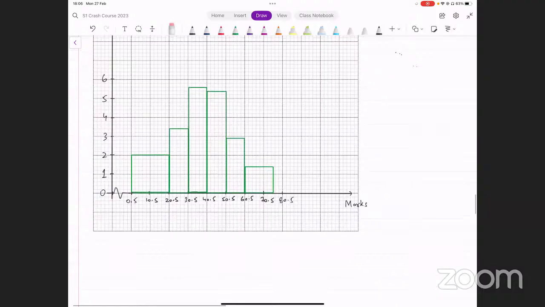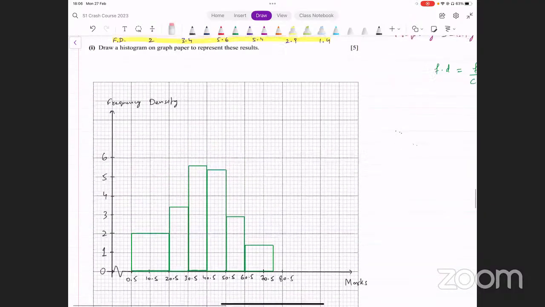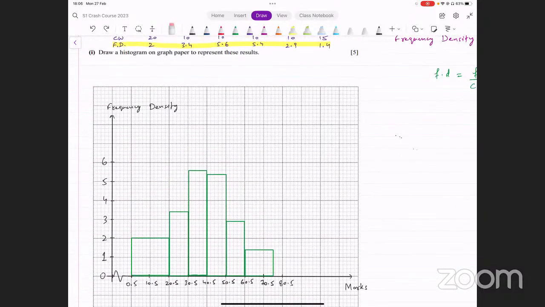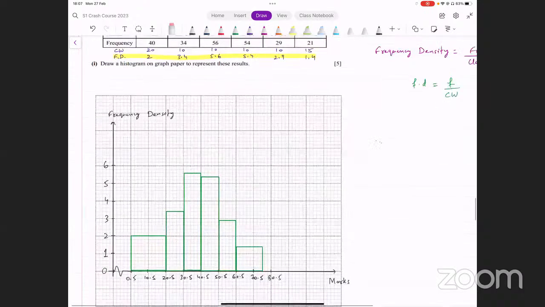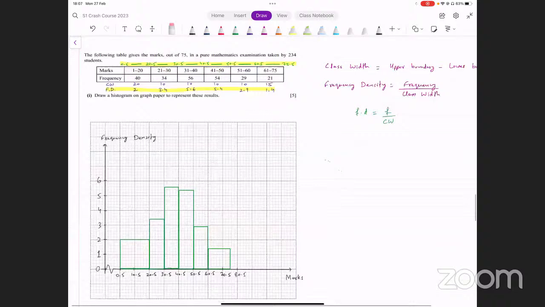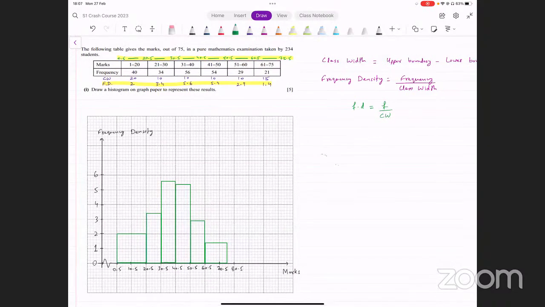All right, so that's what you were supposed to do here. On the vertical axis, you have frequency density. On the horizontal axis, you have marks, and that's how you draw this histogram. So this is how we draw histograms. We have to adjust class intervals. That's the first thing we have to do.